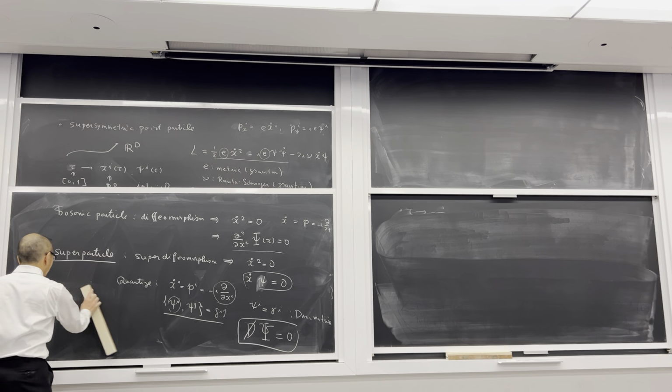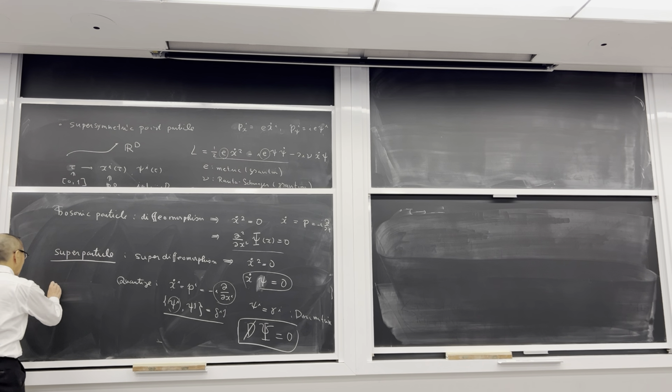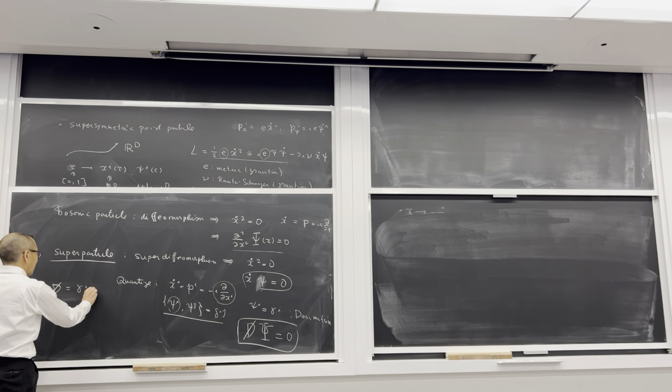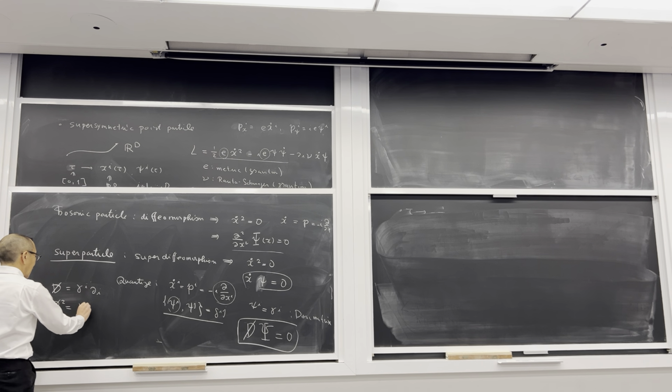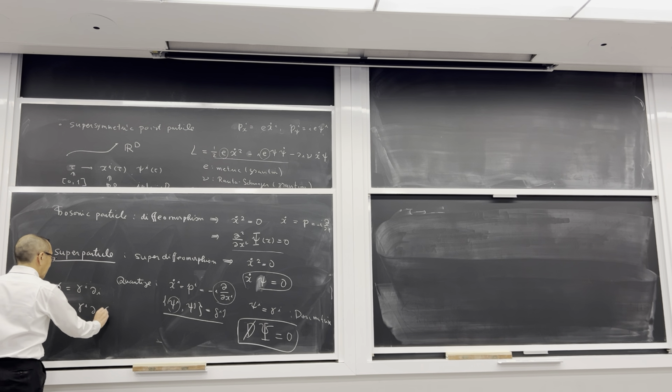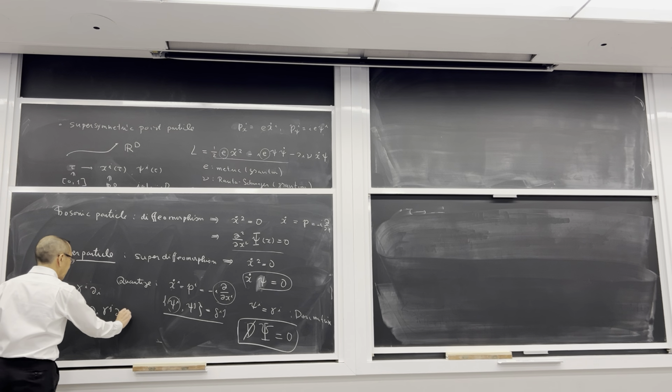Well, we can easily see how this works. So D-slash is equal to gamma^i ∂_i, and therefore if you square it, you get ∂_i gamma^i gamma^j ∂_j.